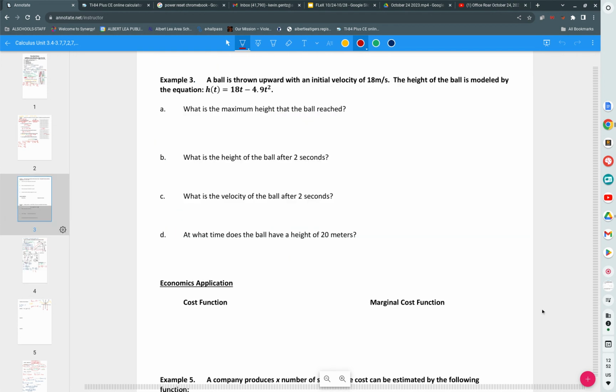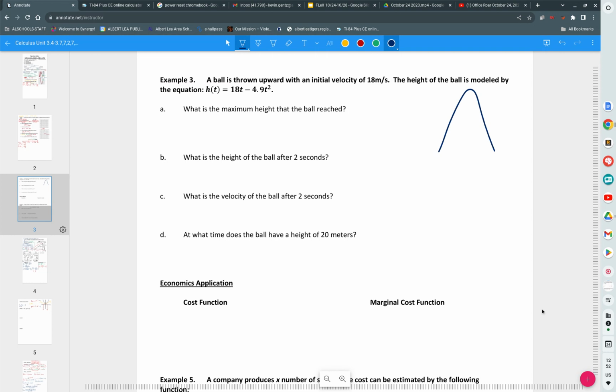So this is the motion for a ball, or for something that's thrown upward into the air, and the deal is that it is a function that models height as time. So as time goes by, the height changes. What shape does it make? It makes a parabola. Okay, so I'm just going to draw that, so I can get that conceptual idea in my head.